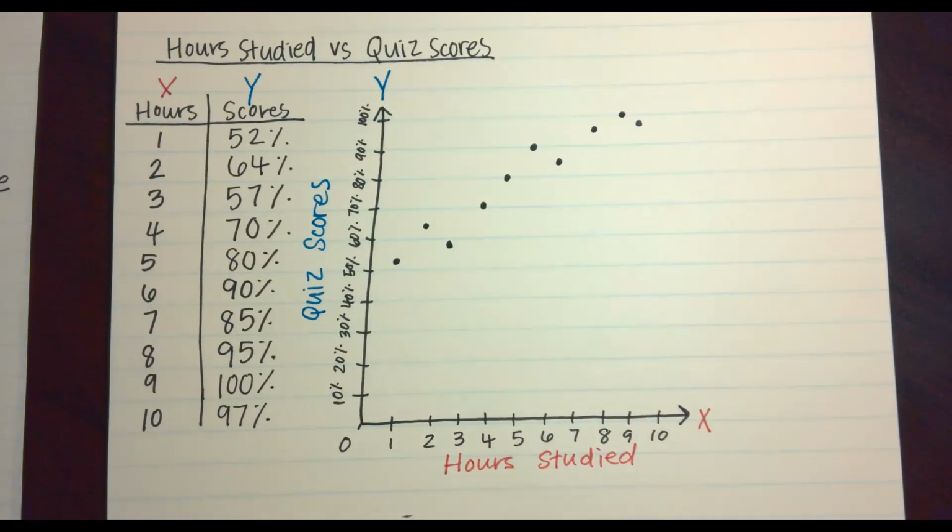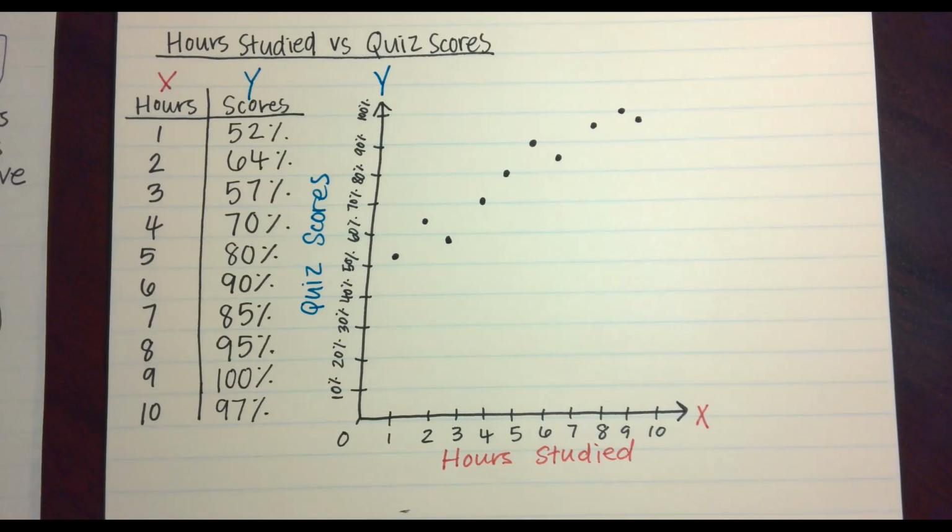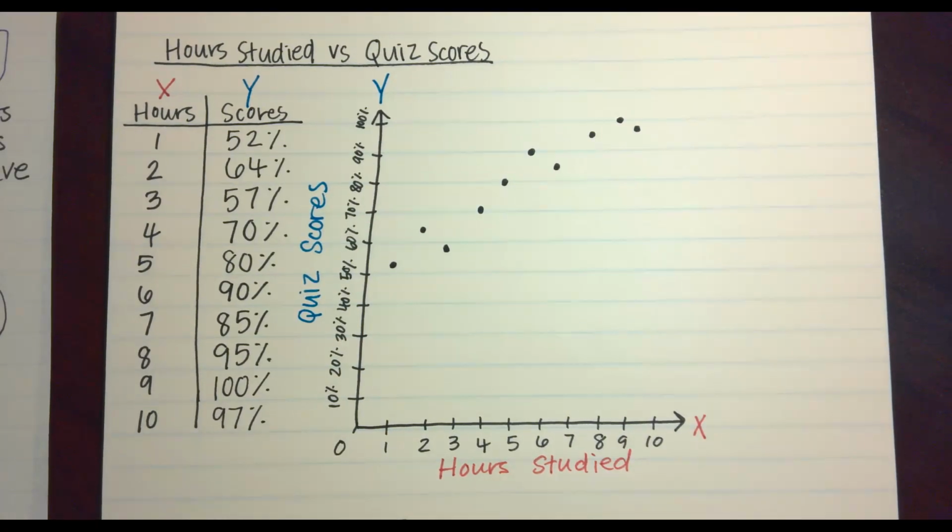Okay. Once you've got your points all plotted on your new scatter plot, what sort of conclusion do you think we could draw from looking at this data? Now that we've got it set out in front of us visually, what could we say about this?